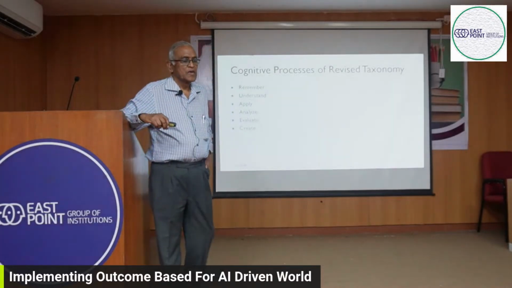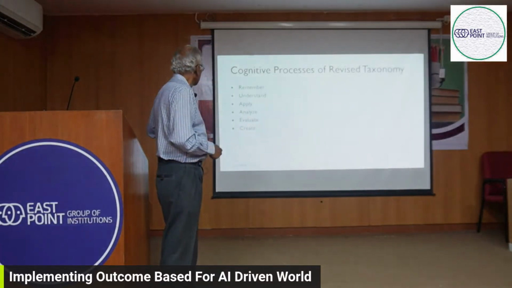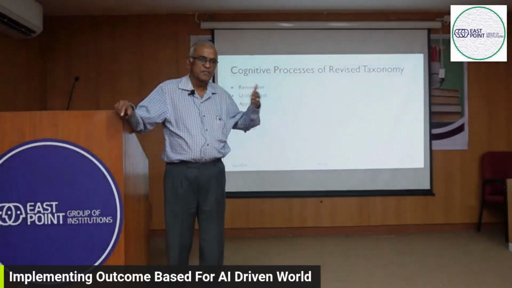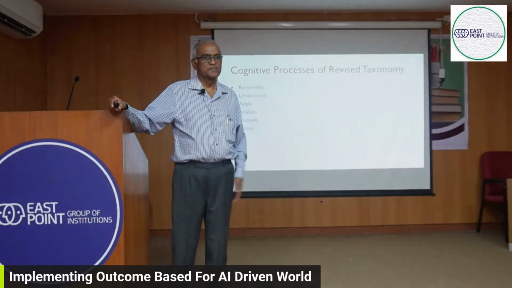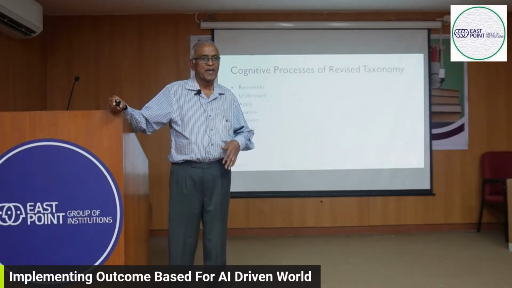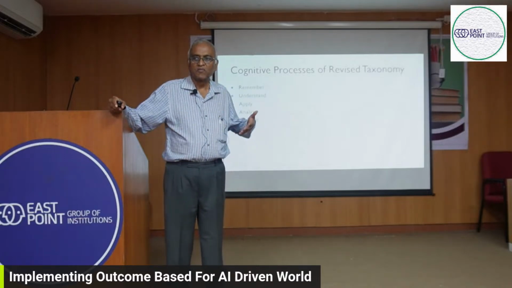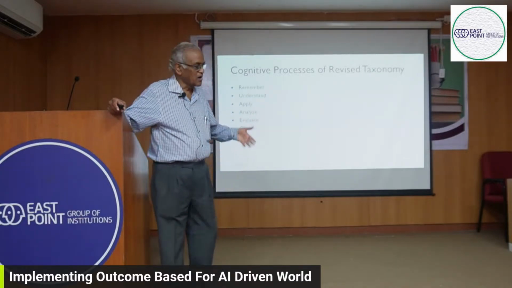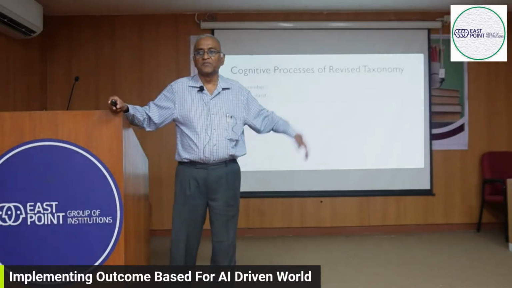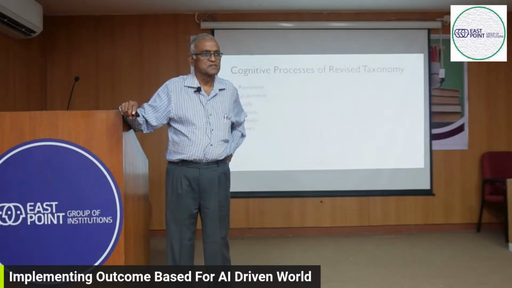Hierarchical means if I am doing anything with regard to apply, for example, the understand and remember activities are implied in that. So I don't have to repeat them three times. When I'm involved in a create activity, all the five cognitive activities are likely to be involved. That is hierarchical classification.